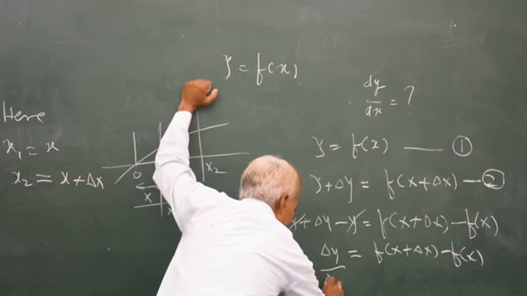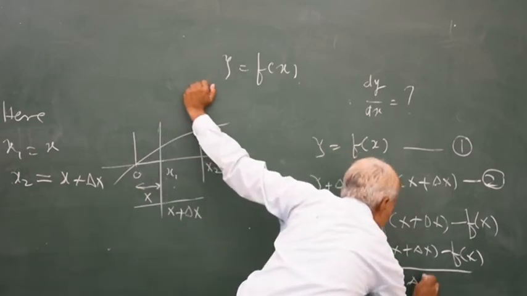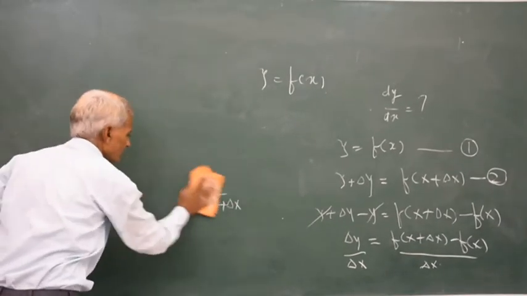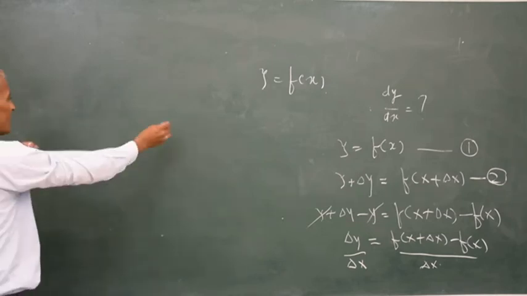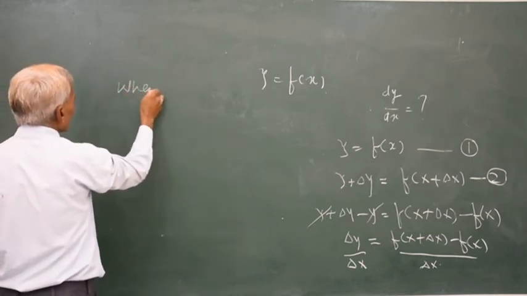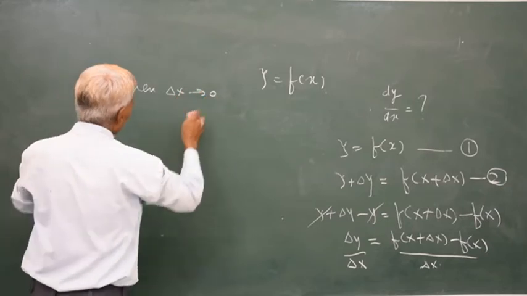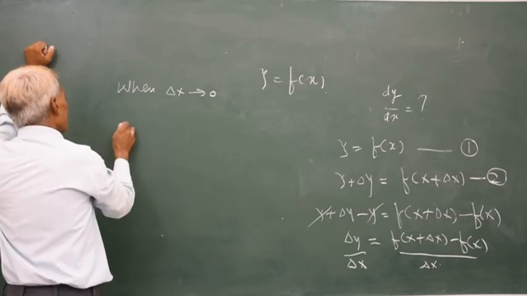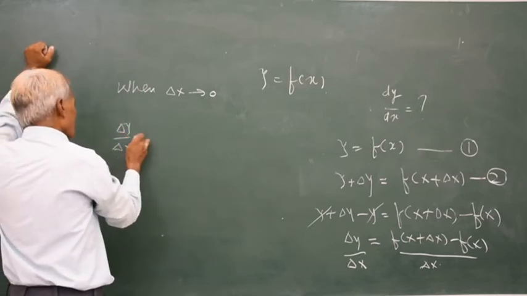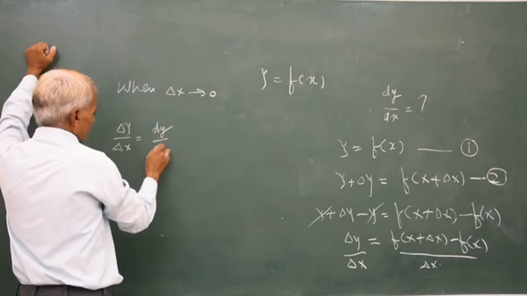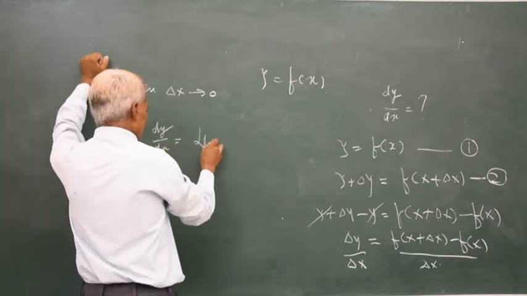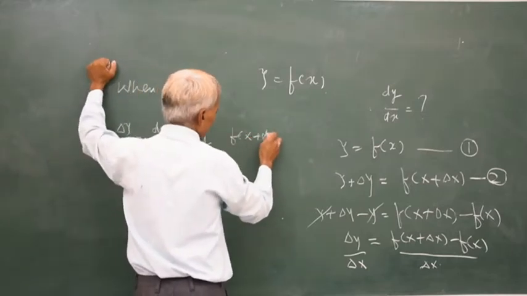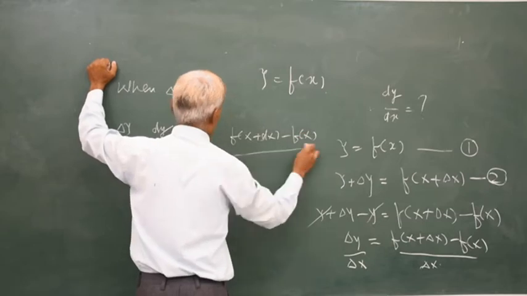Dividing by delta x on both sides, when delta x is very small and tends to 0, then dy by dx is equal to the limit of f(x plus dx) minus f(x) upon dx.